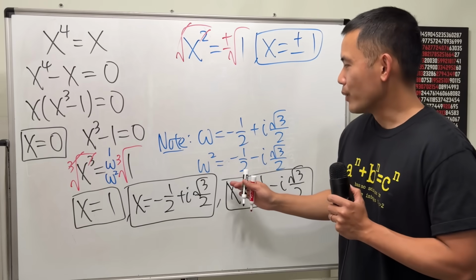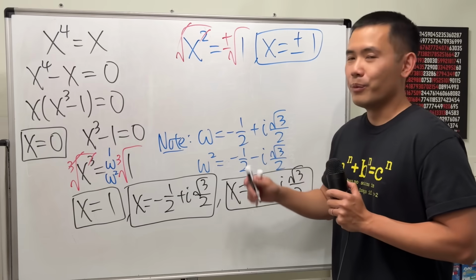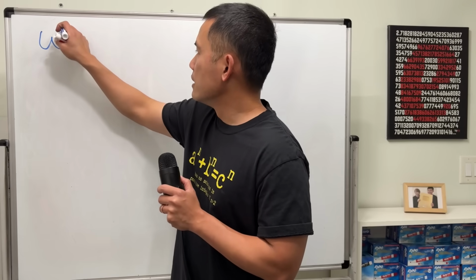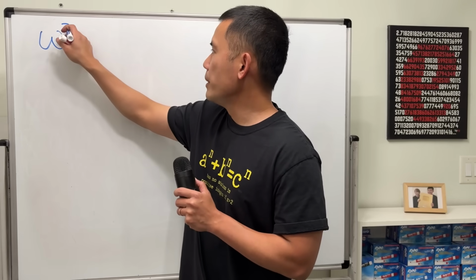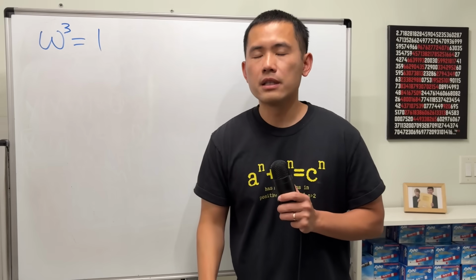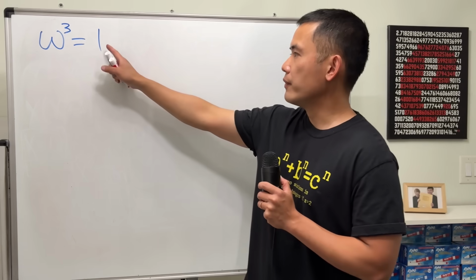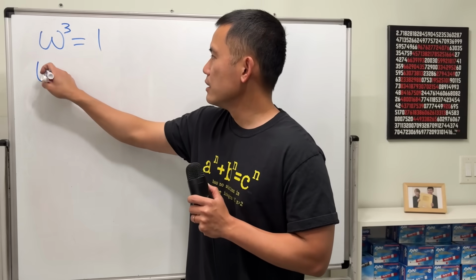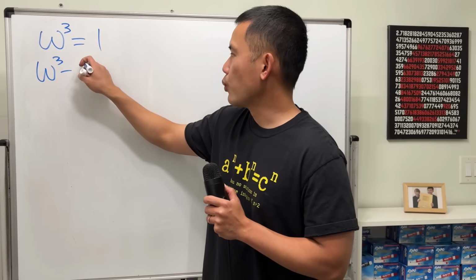Now, how in the world did we end up with these values for omegas? Let's take a look. So here's the idea. We are going to define that omega be the number so that omega to the third power equals 1. So what we're trying to find is all the cube roots of the number 1. And to do so, bring the 1 to the other side. So we have omega cubed minus 1.